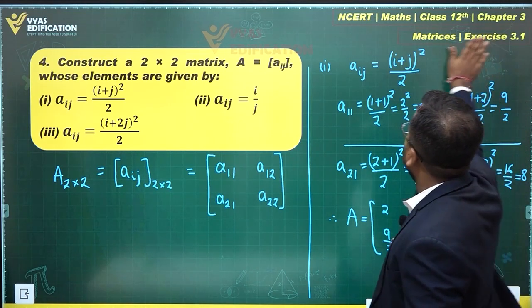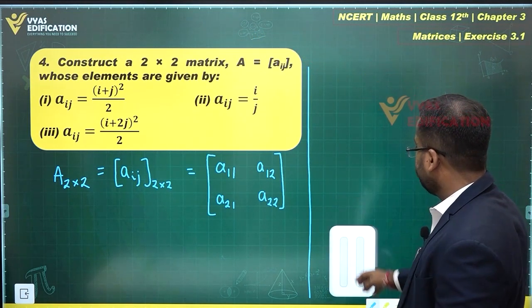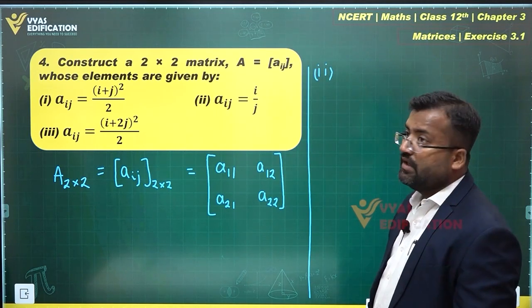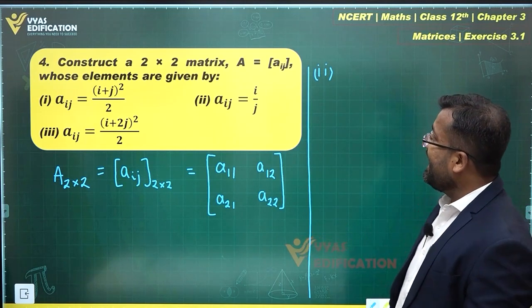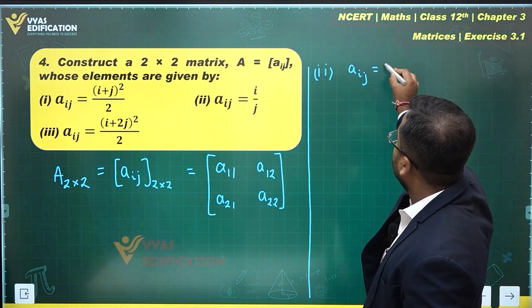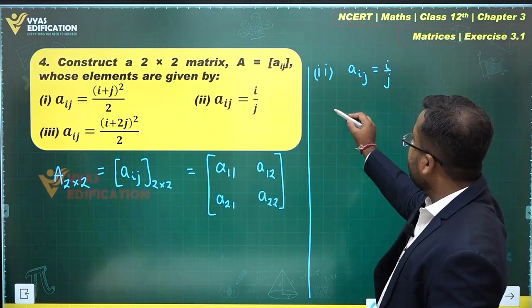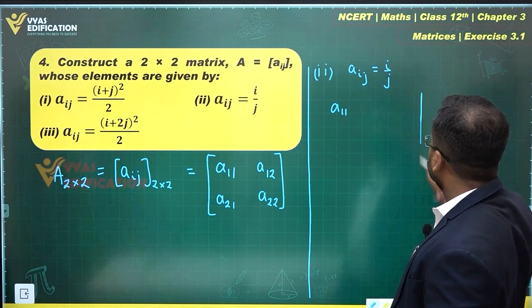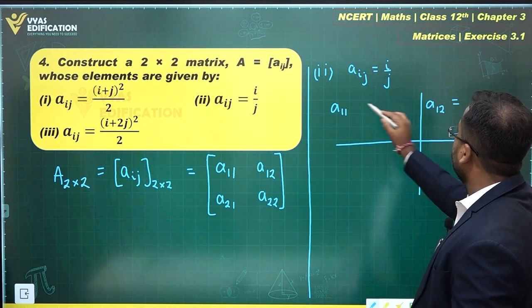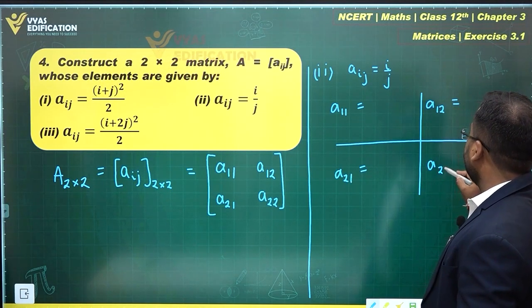What do we have in part 2? Part 2 says Aij equals i upon j. Once again, I need A11, A12, A21, and A22.